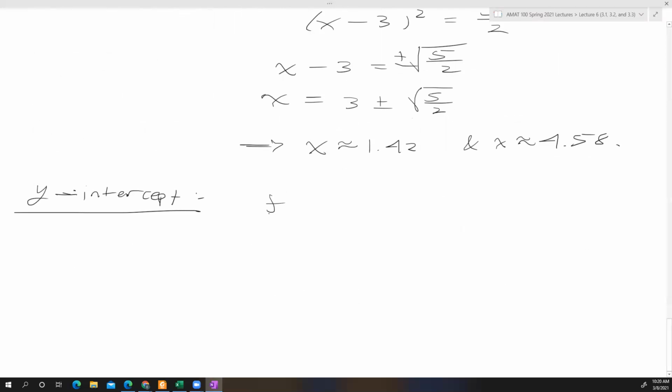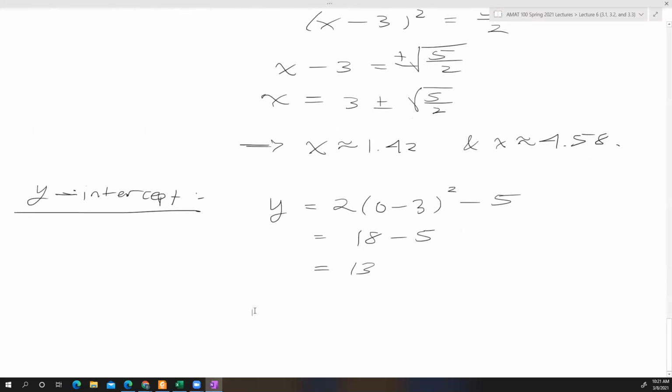So I plug in 0, we'll have 2 times (0 minus 3) squared minus 5. And we can simplify that. So negative 3 squared is 9, times 2 is 18, minus 5, and this will be 13. So the y-intercept is 13.